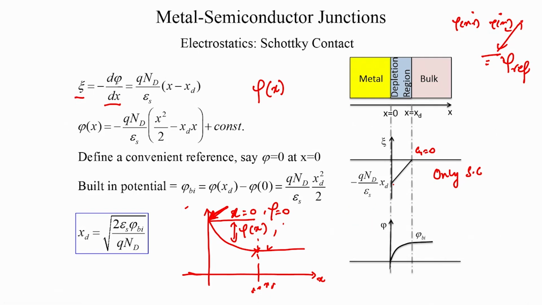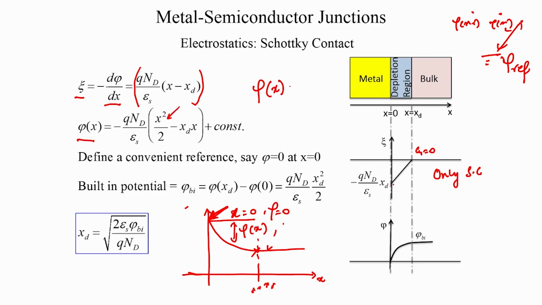Since the electric field is minus d phi by dx, minus d phi by dx is equal to this term here, which was the electric field we obtained from solving Poisson's equation. Therefore we solve this as a second differential equation, and we find that phi of x varies as the square of the distance.